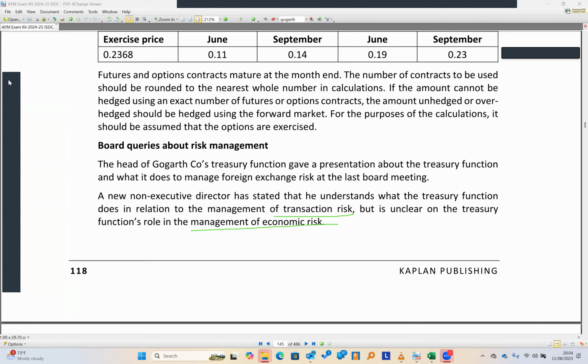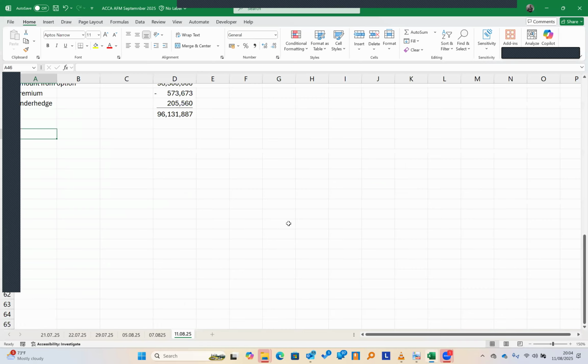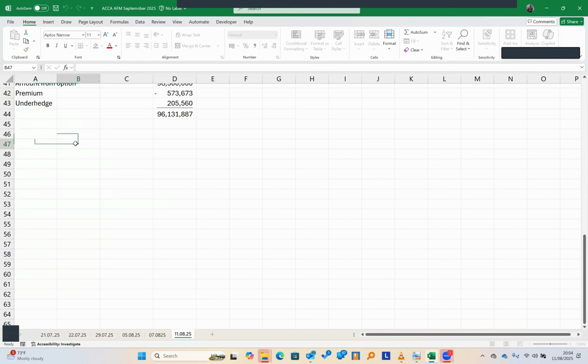Now, the risks that we expect to see fall under transaction risk, translation risk, and economic risk.